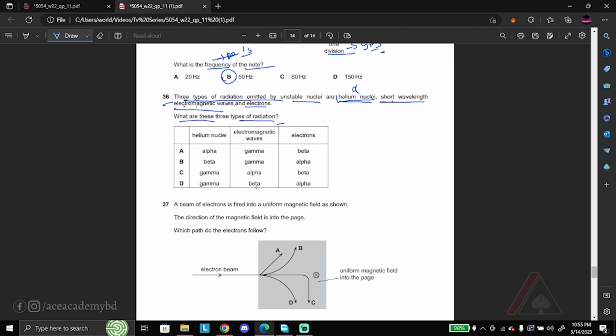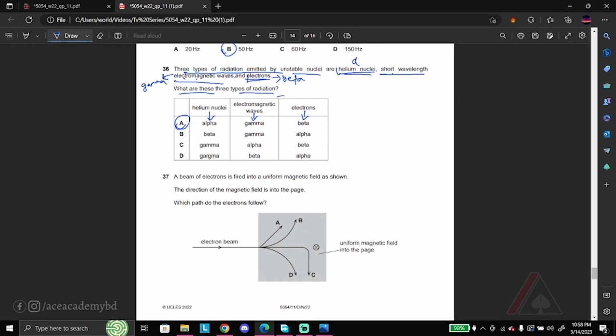It's the only radiation that's an electromagnetic wave, so an electromagnetic wave is gamma. And electrons are obviously beta particles. So helium nuclei as alpha, electromagnetic waves as gamma, electrons as beta particles. So yes, 36A. Okay, so let's move on to question number 37.